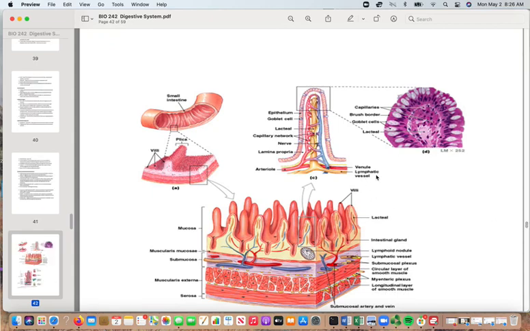So this is showing here one of the intestinal villi, and then this allows you to see where you have the lacteals, the goblet cells, the brush border, and the capillaries.